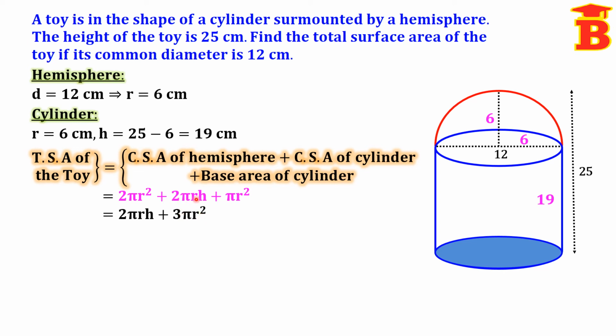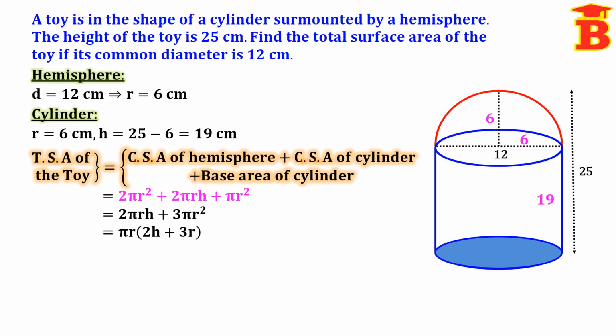So this is 2 pi r h plus, adding these two terms, 3 pi r square. Now we have pi r common. So taking it outside, this is pi r into 2h plus 3r.